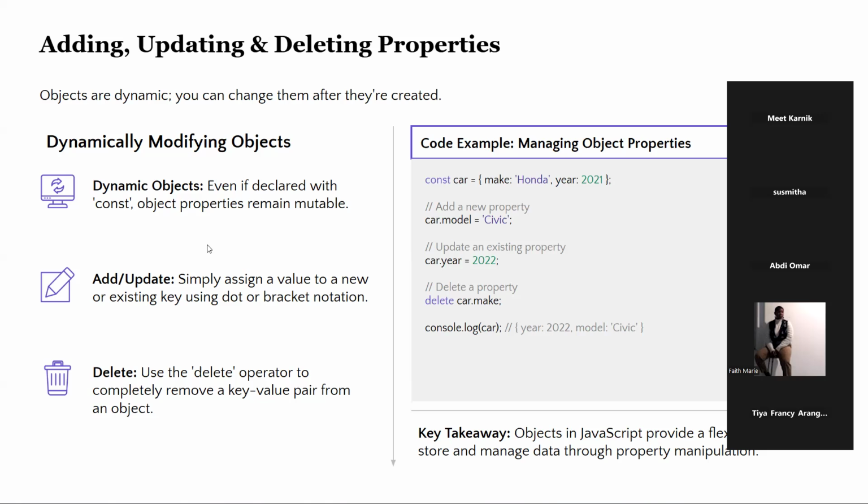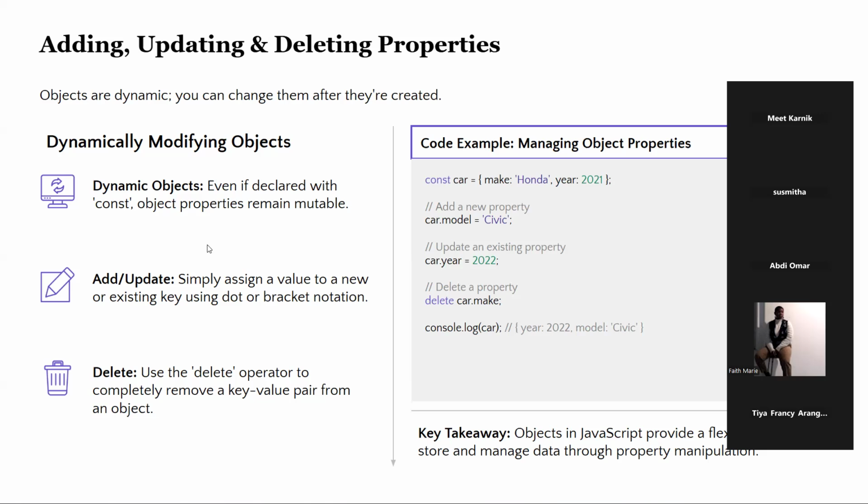So that's how we use the dot notation here to update the car year from 2021 to 2022. Then we delete the car make property entirely. And by the end, if we log the object, what remains is the year 2022 and the model Civic.